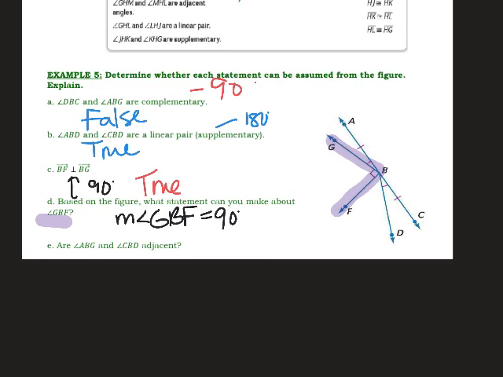Do you think I can say ABG is adjacent, and that's the vocabulary word from yesterday, to CBD? Can I say these two are next to each other? The red one and the blue one. Remember yesterday we talked about that being like your neighbor. Are these two right next to each other? No, so this one's false. Good.